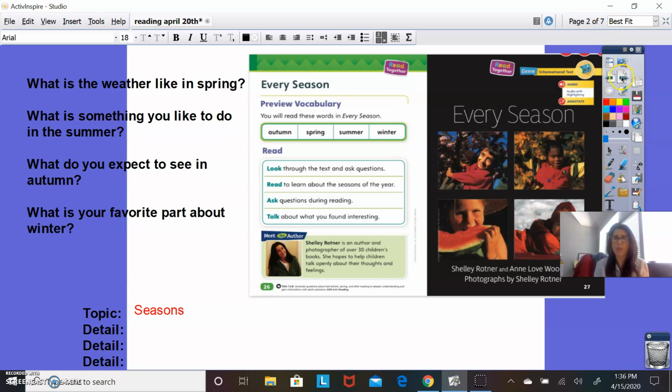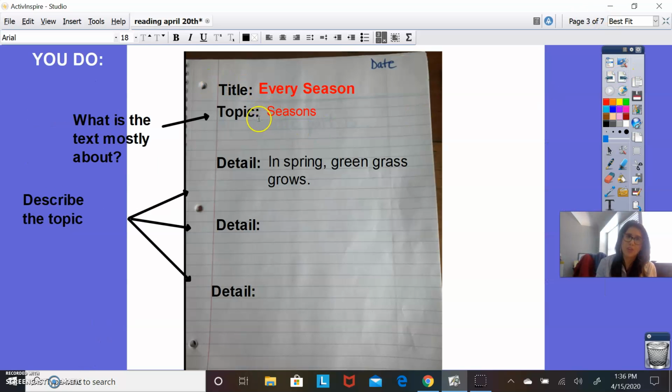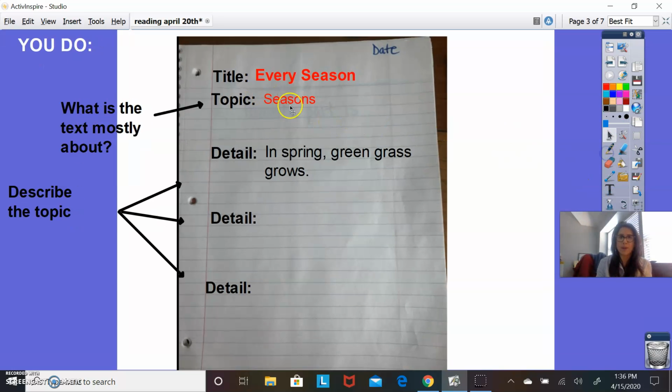So when you went to do your assignment, you wrote here seasons, because that's what the text is mostly about. Then your job was to pick 3 different details from the text that we read. Remember, the details tell more about the topic.